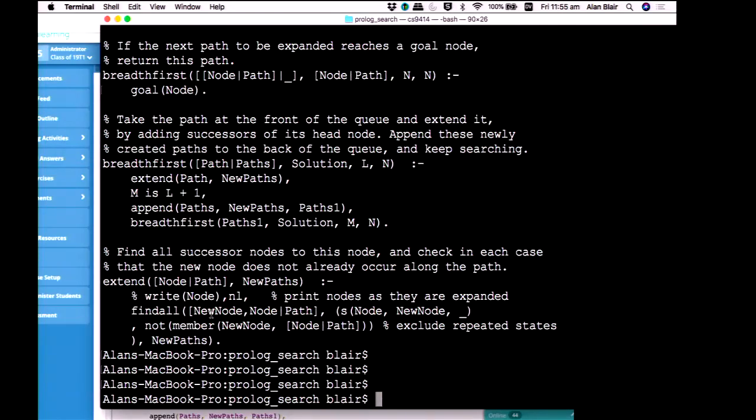I look at the first path in the list, and this node is the leaf node of that path, and so I look at all ways that I can expand the node. If I do an action, this S means that there's a step that takes me from this node to that node, and if it exists, then I extend this path by adding that new node onto the front.